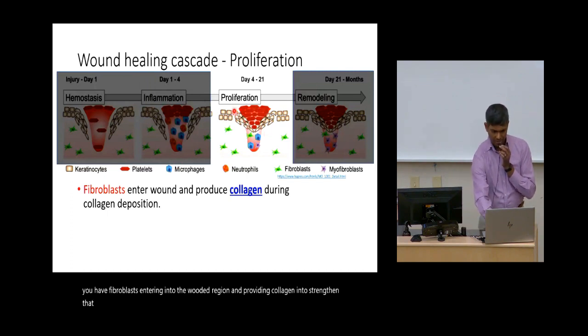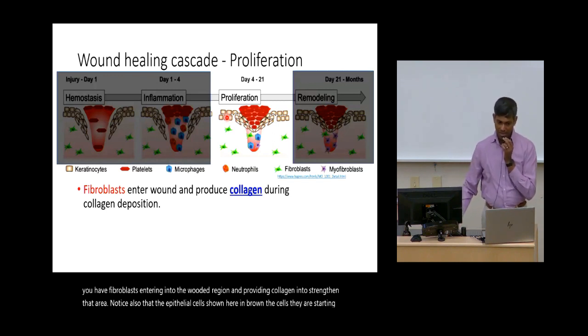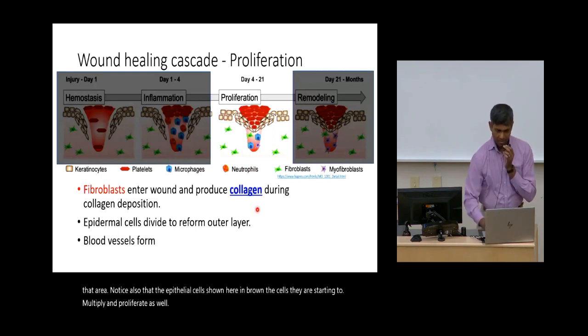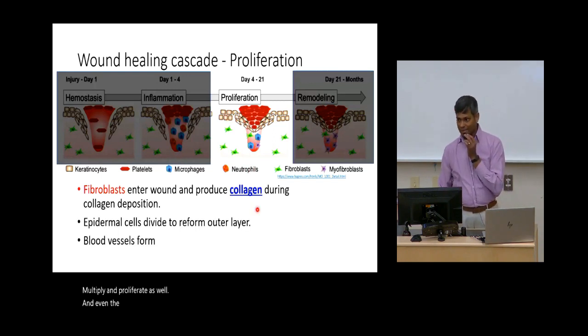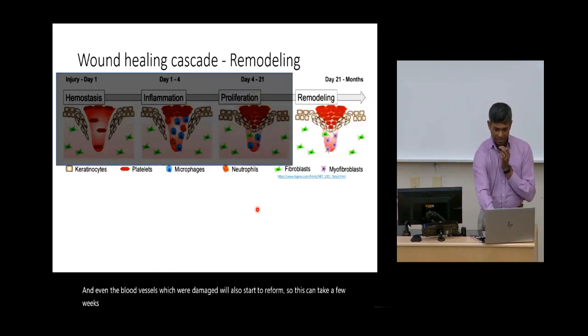Notice also the epithelial cells shown here in brown, the keratinocytes, they are starting to multiply and proliferate as well. And even the blood vessels which were damaged will start to reform. So this can take a few weeks, and in the final step you have remodeling of this damaged tissue.